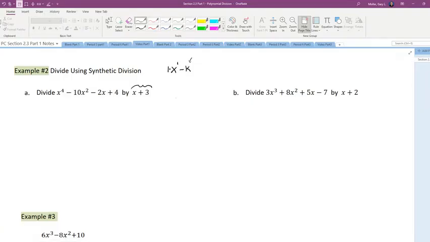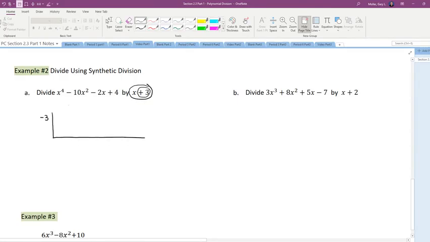Okay? So if you recall, the way we did this is we took the x plus 3, but we took the opposite of the plus 3. So I'm going to use a negative 3, and I'm going to set up my box, and then I'm going to grab the coefficients, making sure to pay attention to anything that's missing.